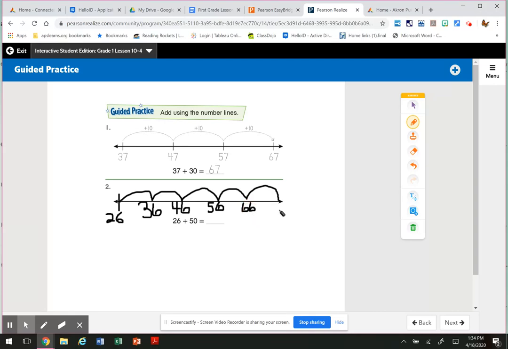And 10 more than 66 is 76. Therefore, 26 plus 50 equals 76. Very good, boys and girls. Let's move on.